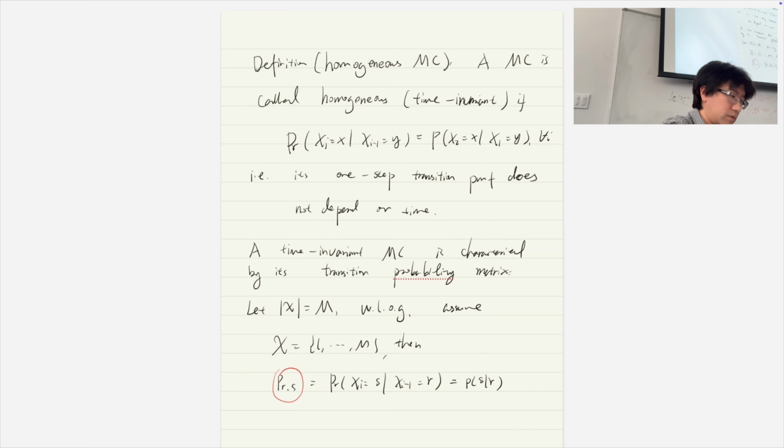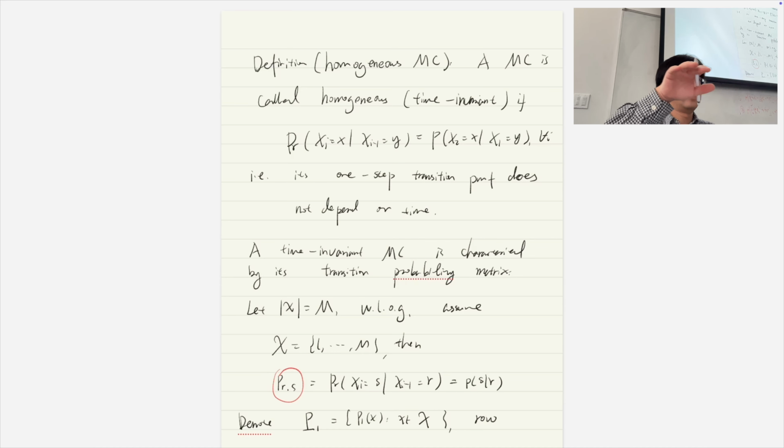P1, which basically consists of all the P_{1x} for x in X. This notation means there's a row here.